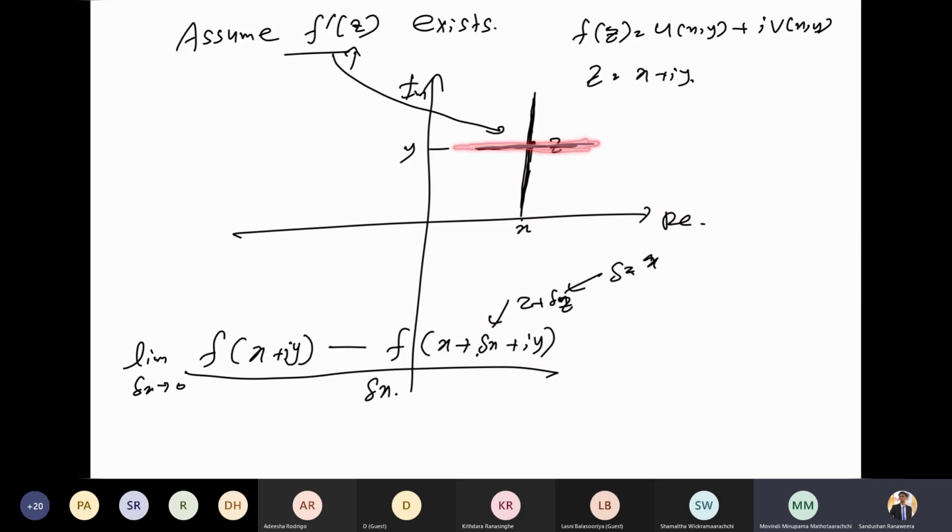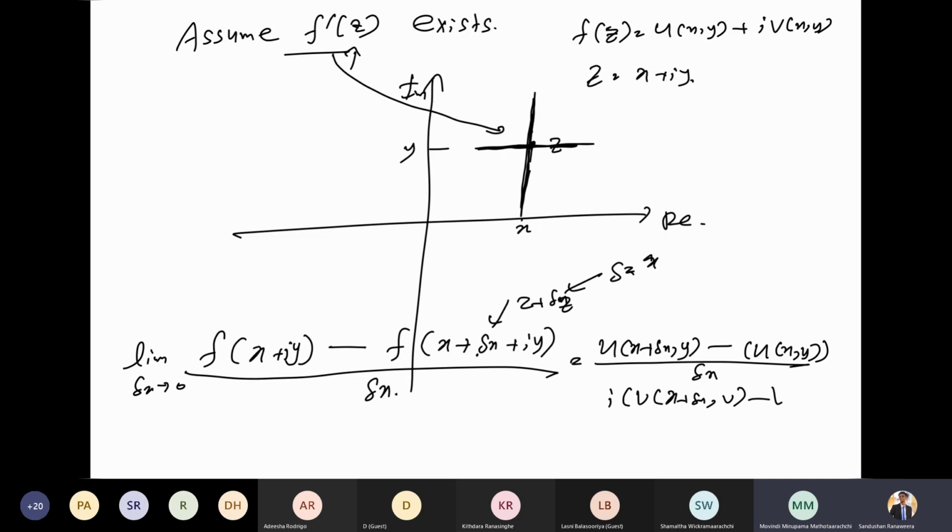It looks like a directional derivative. So we can write this as the limit as delta x goes to 0 of u(x plus delta x, y) minus u(x,y), divided by delta x, plus i times v(x plus delta x, y) minus v(x,y), divided by delta x.